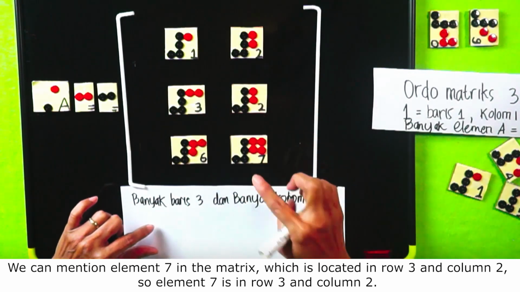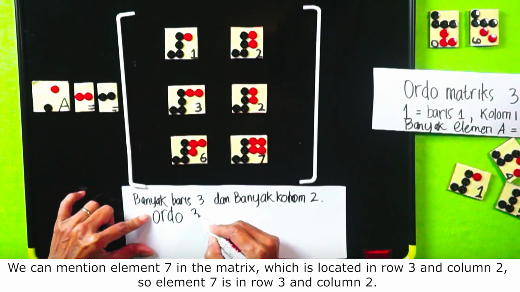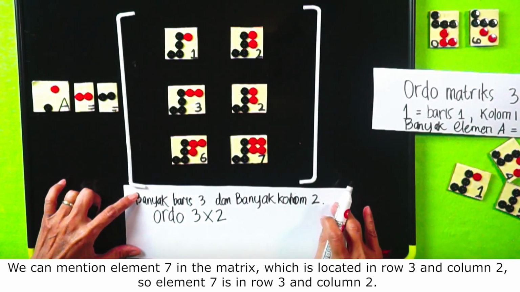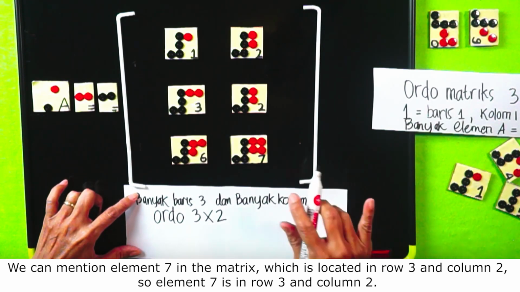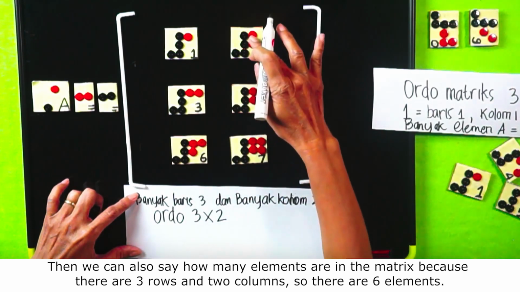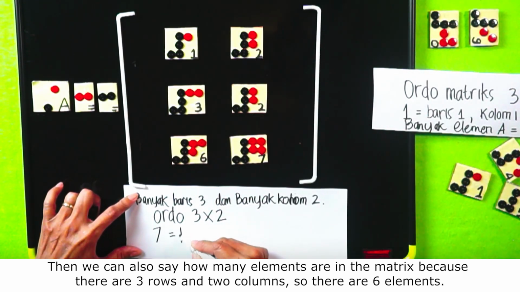We can mention element 7 in the matrix, which is located in row 3 and column 2. So element 7 is in row 3 and column 2. Then we can also say how many elements are in the matrix, because there are 3 rows and 2 columns, so there are 6 elements.